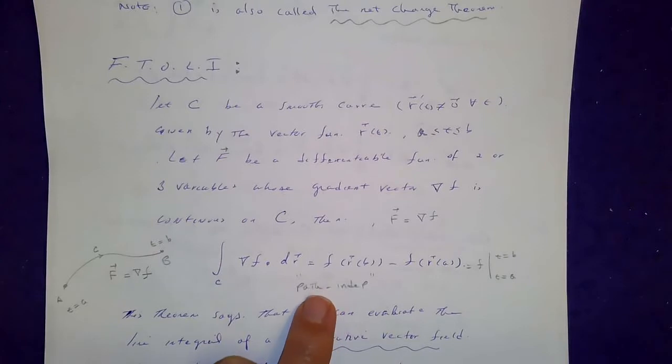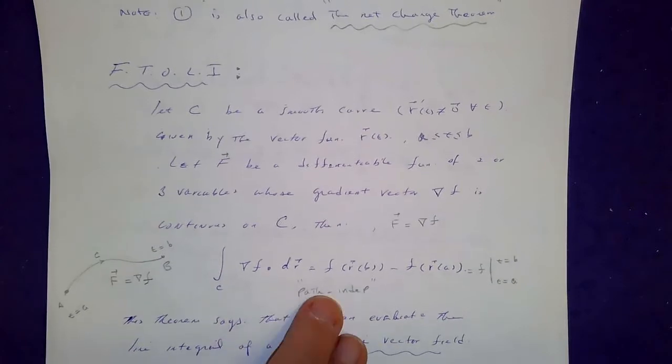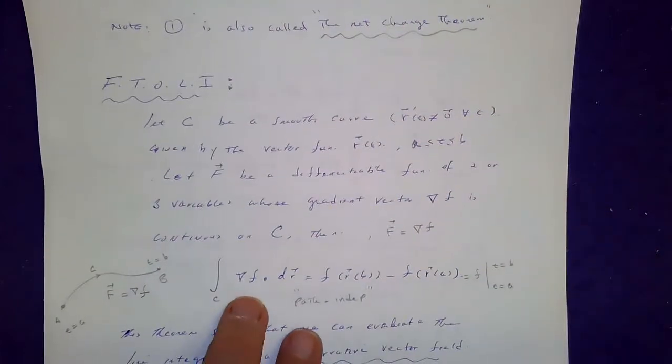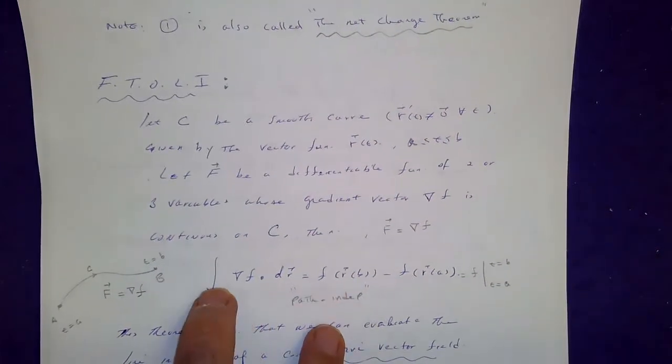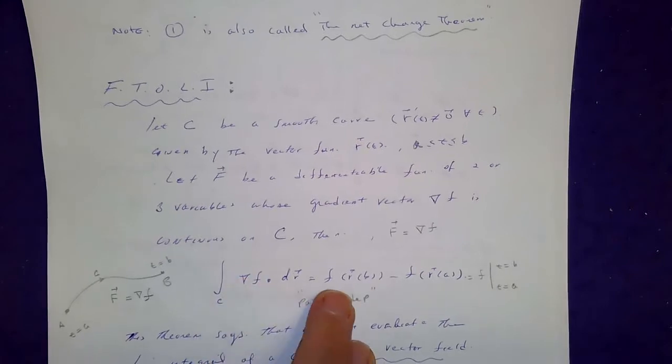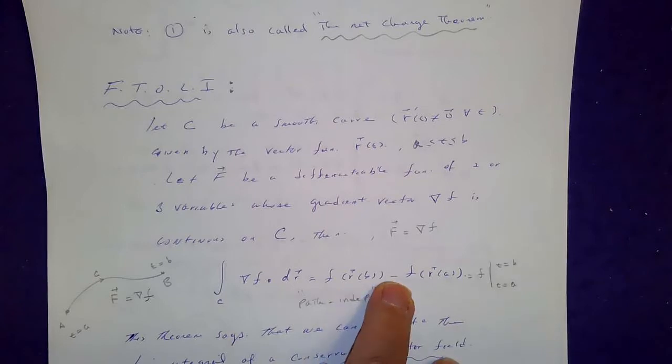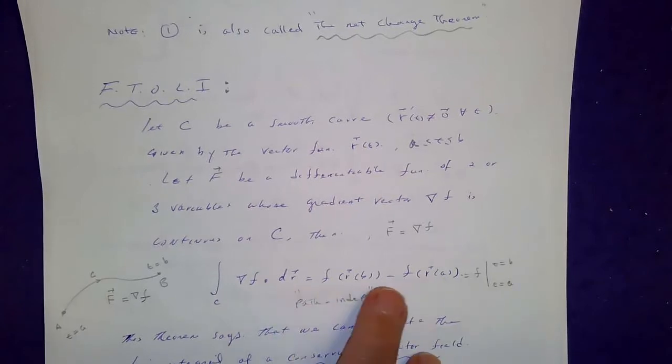So just like the fundamental theorem of calculus, this gives us just f, because that's the antiderivative of the derivative, evaluated at a and b, but in this case, at the terminal side of the curve minus the scalar function evaluated at the initial.